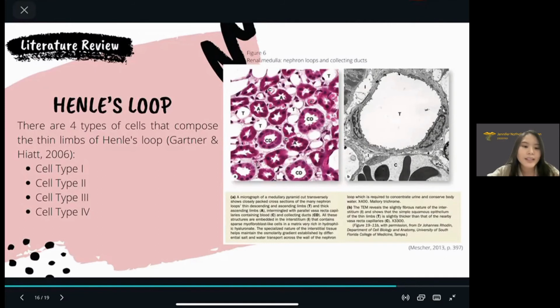The third is located in juxtamedullary nephrons, in the descending thin limb of the inner zone of the medulla, composed of squamous cells with fewer processes. Cell type 4, in juxtamedullary nephrons, the ascending thin limb, has squamous cells with numerous long radiating processes like type 2 cells.